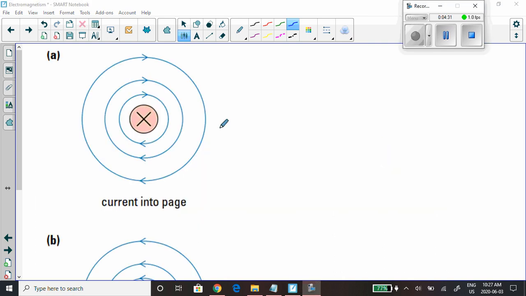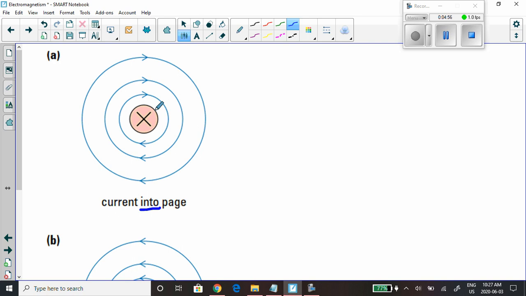Now, sometimes they'll show you a wire. Here's the wire, and you're looking straight on the end of the wire, and you'll see an X. When you see an X like that, it's telling you, look, this is a wire, and the current is going into the page. The X means into the page. So you've got to get your thumb and point it into the page, or in this case, point it into the computer screen.